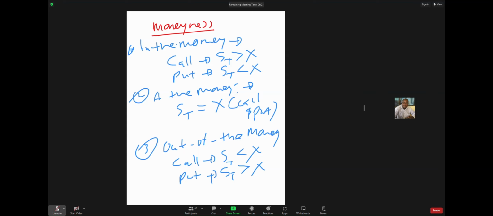So this one is a condition we call out of the money. You can compare this with at the money, where you make 0 payoff, both the call and the put. Out of the money, in both cases, it's negative payoff. So the market price is what makes it out of the money.